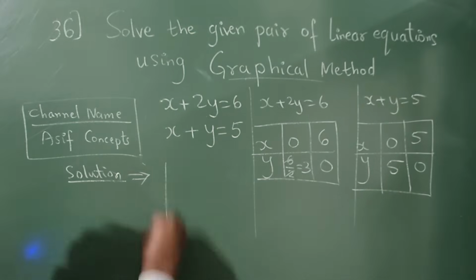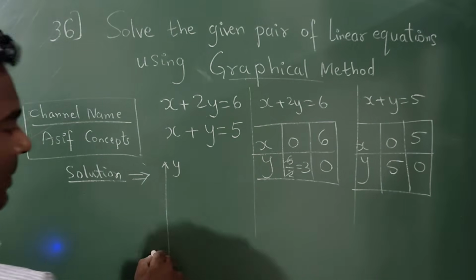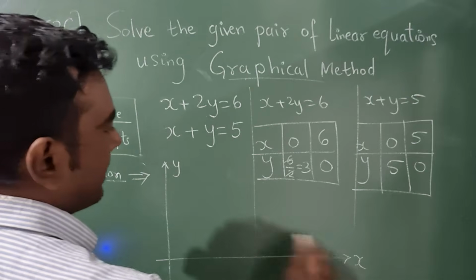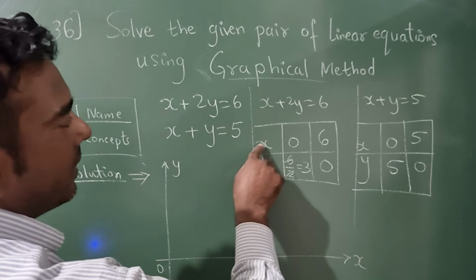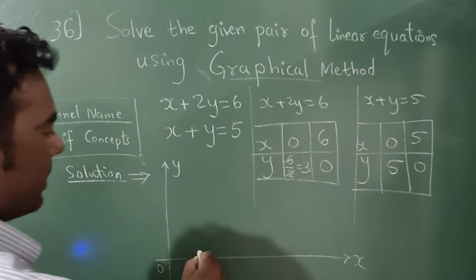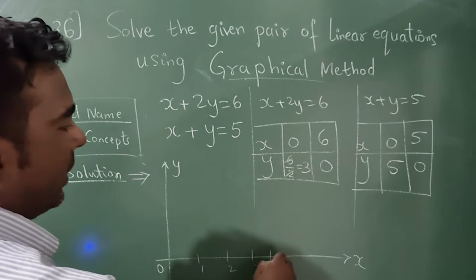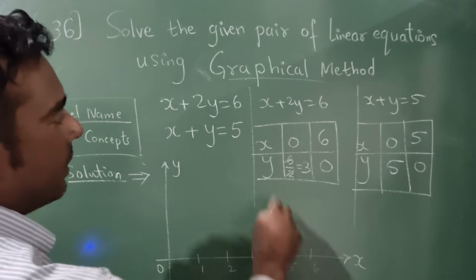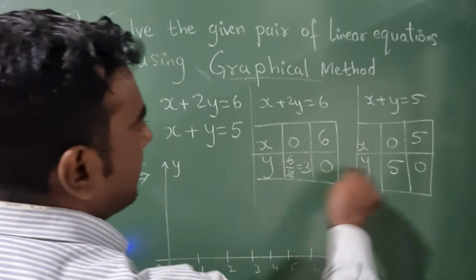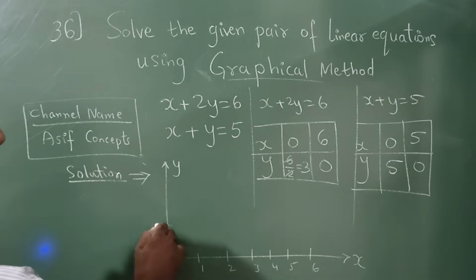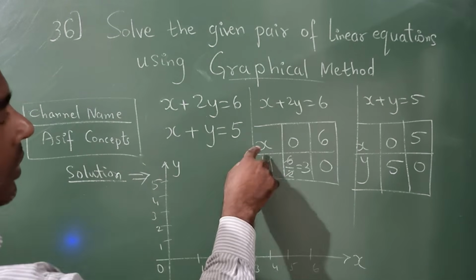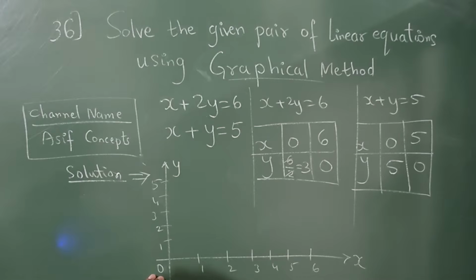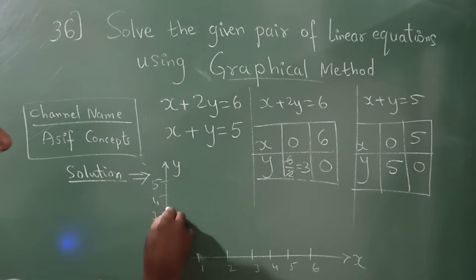Plot this in the graph. This is your y-axis. This is your x-axis. Start from here, 0. Now from here, see which is the highest number. 6 is the highest. 1, 2, 3, 4, 5 and 6. On the y-axis, see which is the highest number. 5 is the highest. 1, 2, 3, 4 and 5. x is 0, start from here. y is 3, mark here.